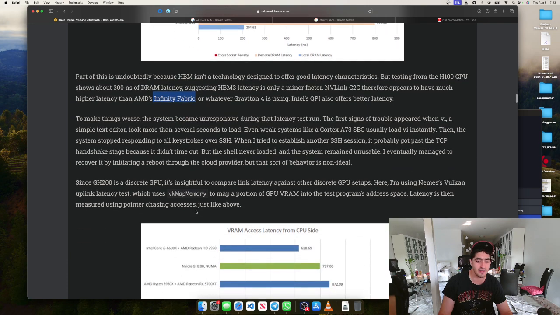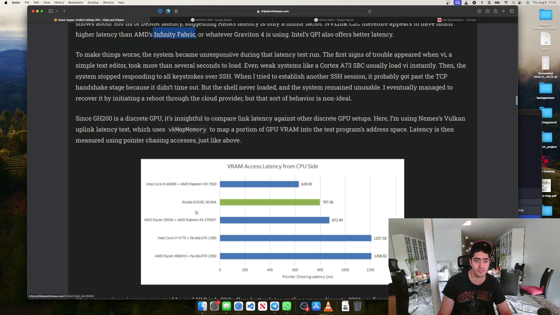Since GH200 is a discrete GPU, it's insightful to compare link latency against other discrete GPU setups. Here I'm using Nemes's Vulkan uplink latency test, which uses vkMapMemory to map a portion of GPU VRAM into the test program's address space. Latency is then measured using pointer chasing addresses, just like above.